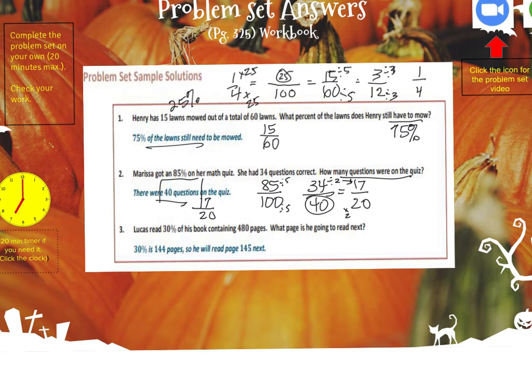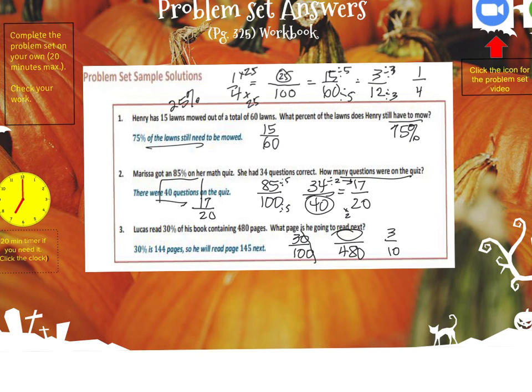Lucas read 30% of his book. So I'm going to go 30 over 100, containing 480 pages. So that's how many total pages. We want to know what page he is going to be turning to next. So 30, I'm going to divide that by 10, so I get 3/10.